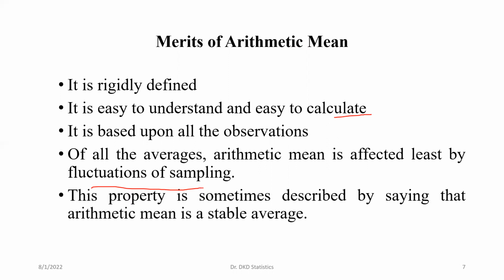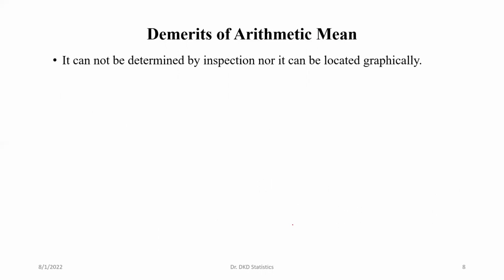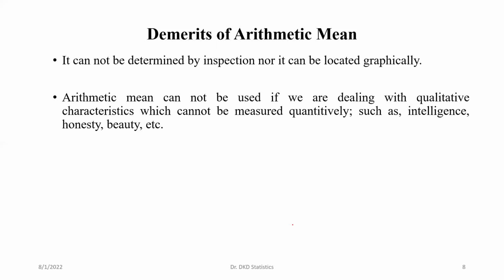Now, what are the demerits? One more important point, sometimes described by saying the arithmetic mean is the stable average. The demerits of the arithmetic mean: it cannot be determined by inspection, nor can it be located geographically.